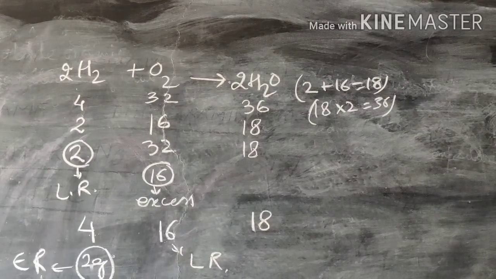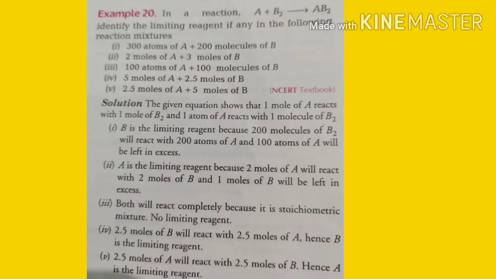Now an example on the basis of the limiting reagent. You can see here in this equation A plus B2 is changing into AB2. Now identify the limiting reagent, if any, in the following mixtures.